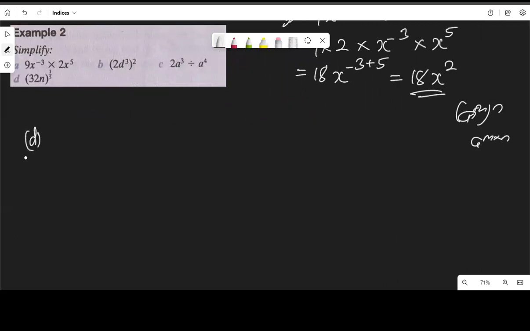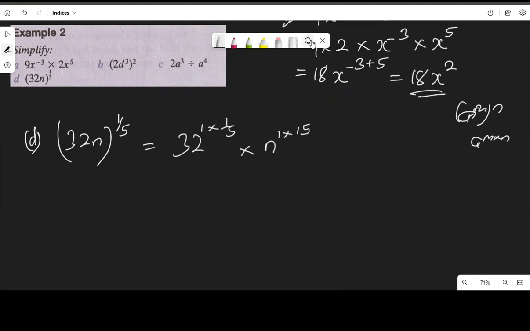Finally, question D, 32n to the power of 1 over 5 is 32 to the power of 1 times 1 over 5, since this 1 over 5 affects all the numbers inside, multiplied by n to the power of 1 times 1 over 5, which is 32 to the power of 1 over 5 times n to the power of 1 over 5.